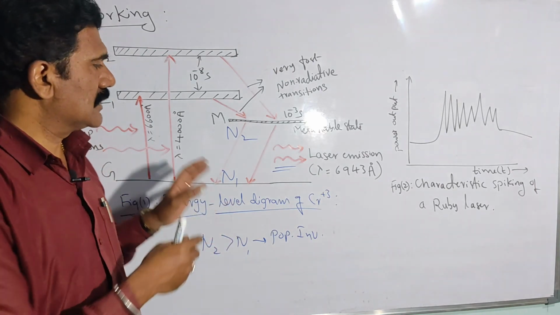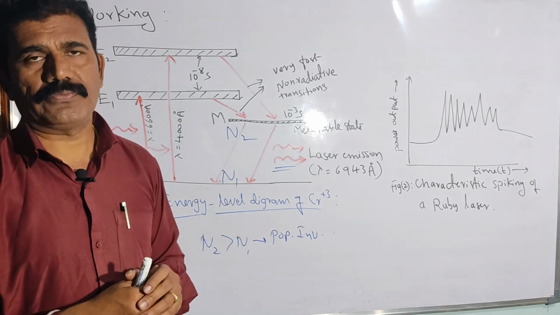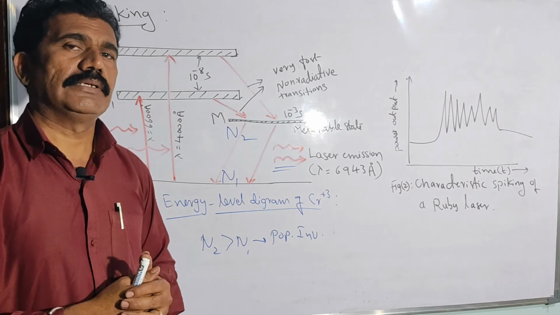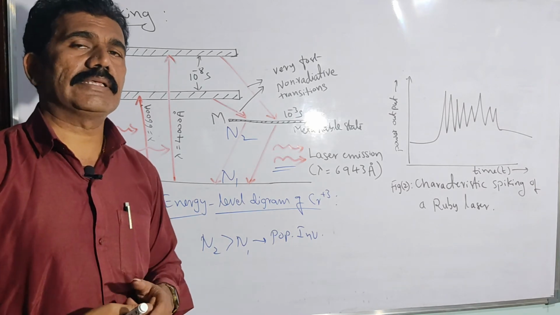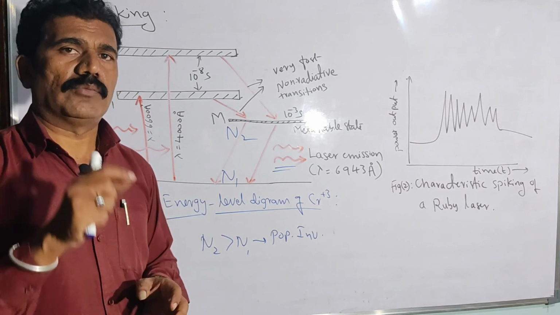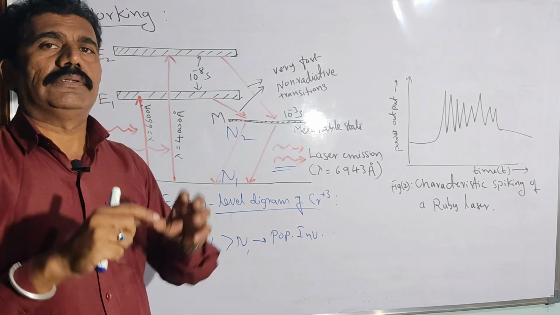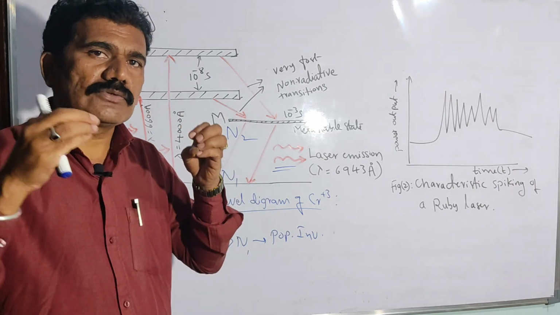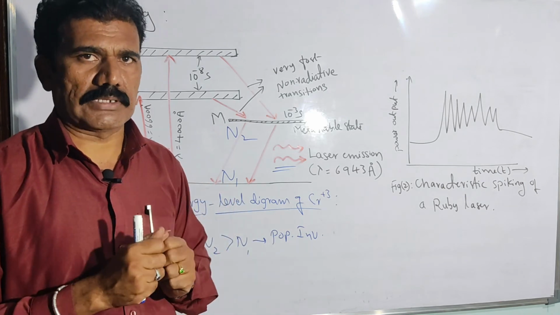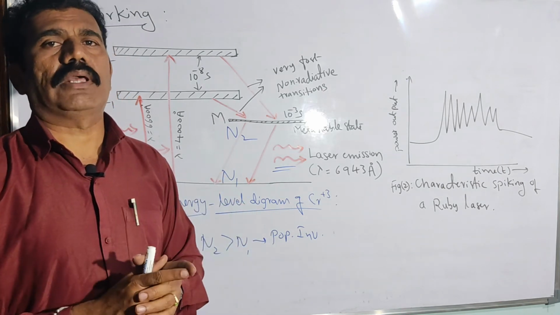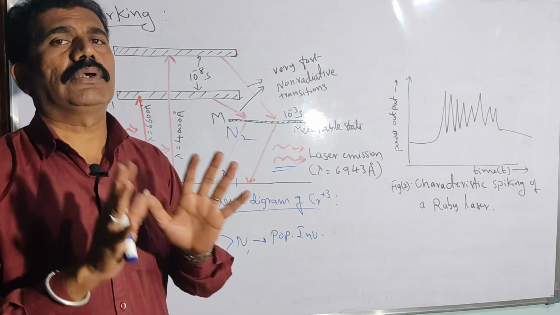Why? Because it is considered a pulsed laser. Why is it called a pulsed laser? Because the pumping technique is not continuous. The moment you switch on the power supply, the helical flash lamp gives the maximum intensity of light incident on the ruby crystal in a very short interval of time. That will be absorbed by the chromium atoms.